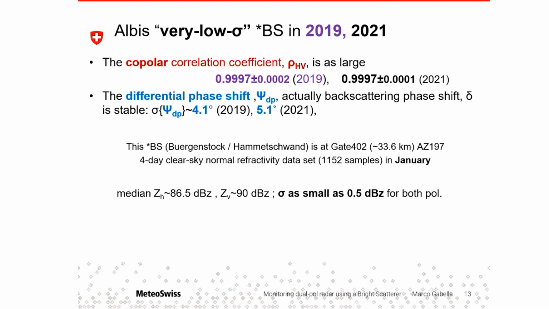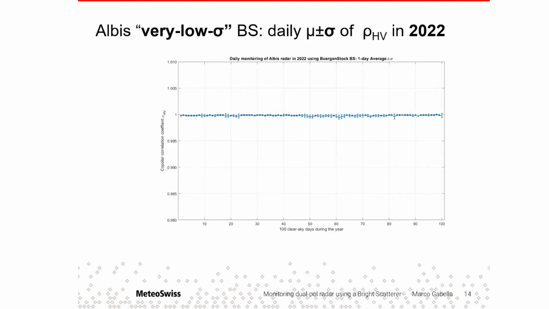And the next slides show you the behavior of ρHV over 1 year for 2022. You see that the standard deviation is really small in this case. So with this LNA of the original calibration unit, a bright scatterer like this one, which is at 34 kilometers from the radar, gives a very nice and small dispersion of ρHV.